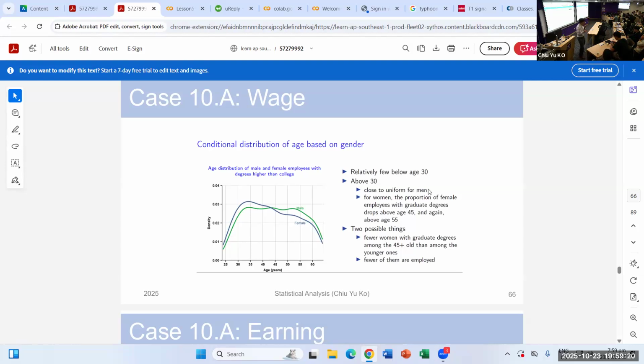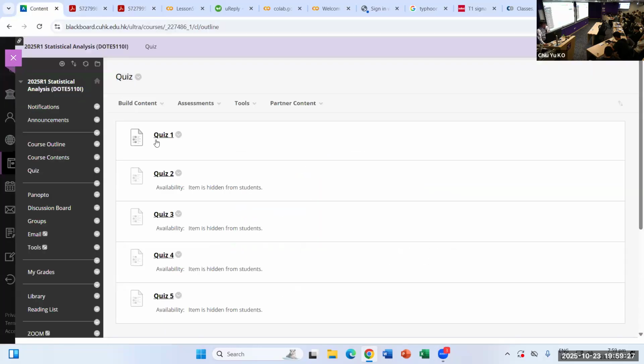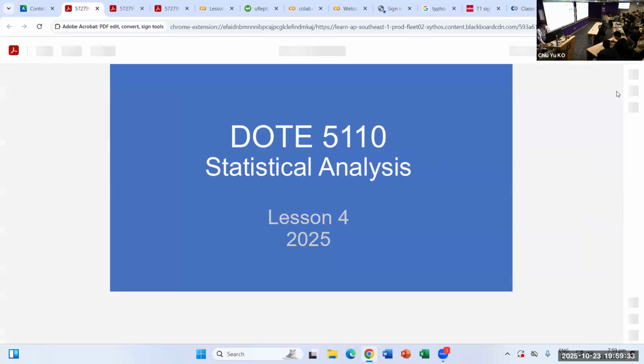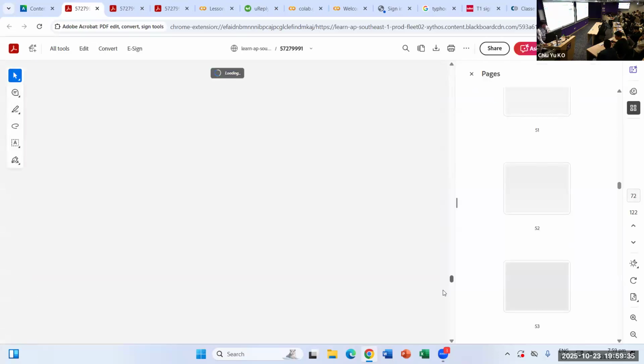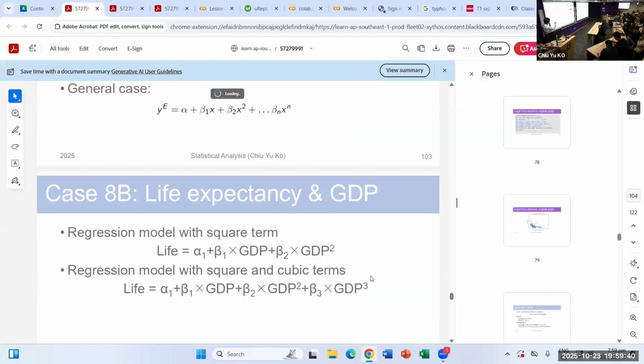Remember last time we talked about lesson 4. Remember why we do this? Actually, we did this last time with GDP.